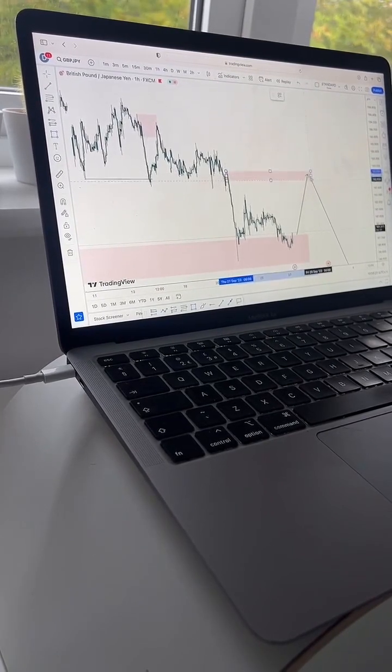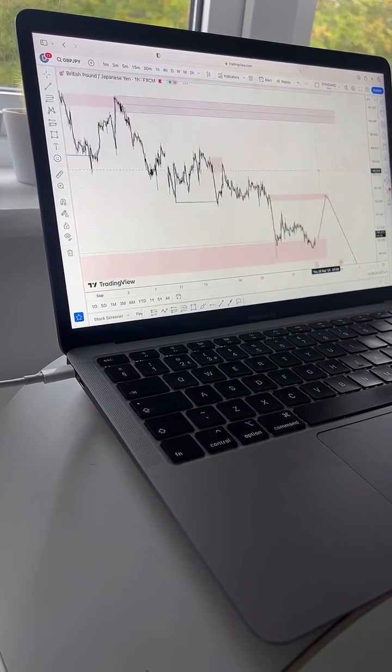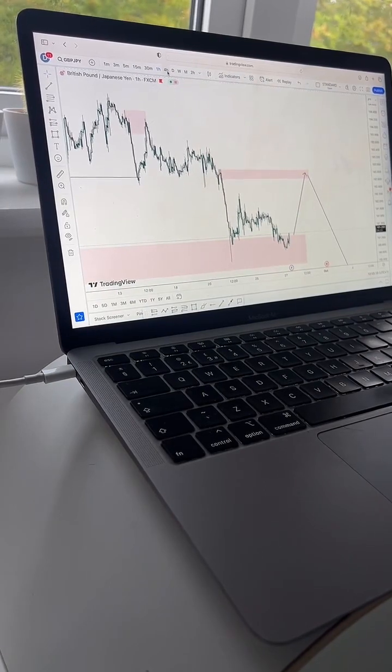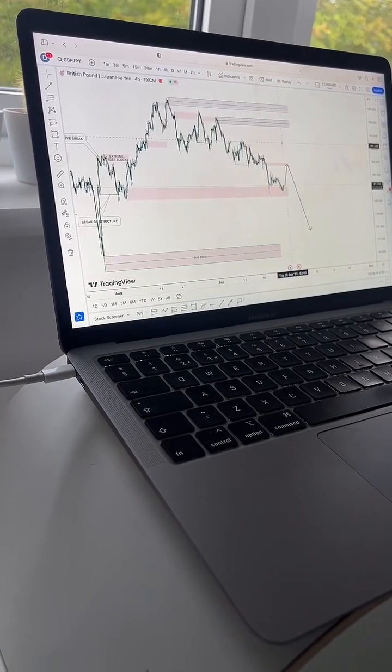There we go, this would be a sell zone here. You're currently in a buy zone, but the way I trade, if I'm overall selling or stuck in any sell trades, I will be continuing to short until I'm out of those trades. I find it very hard to buy and sell the same market.